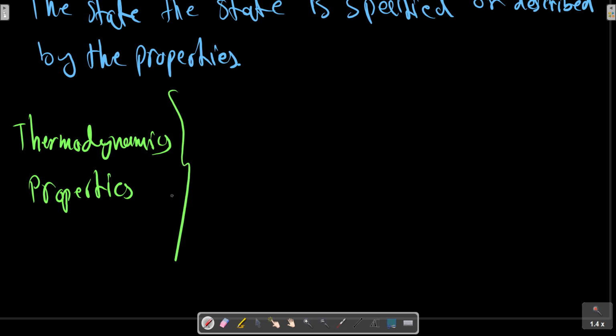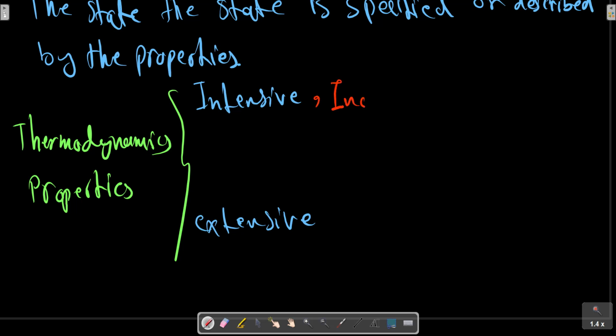We have intensive properties and extensive properties. An intensive property is independent of the mass. The value of an extensive property varies directly with mass.